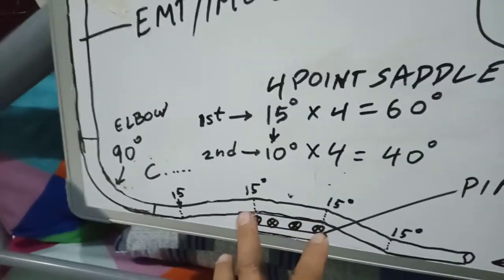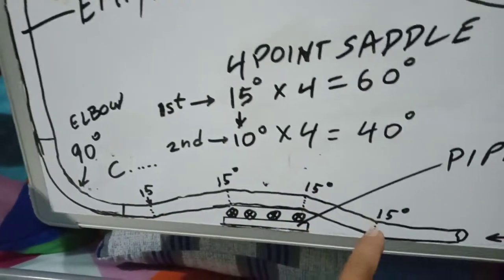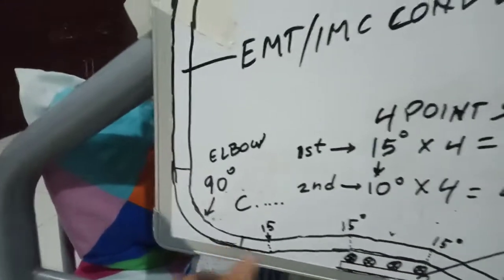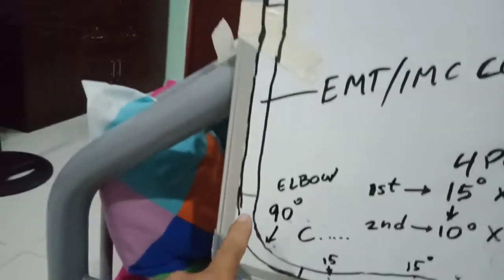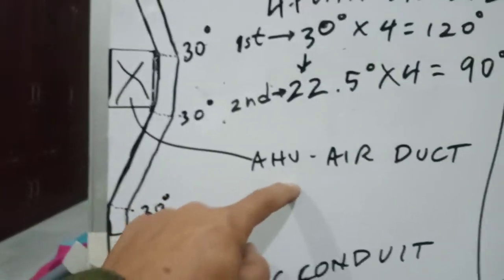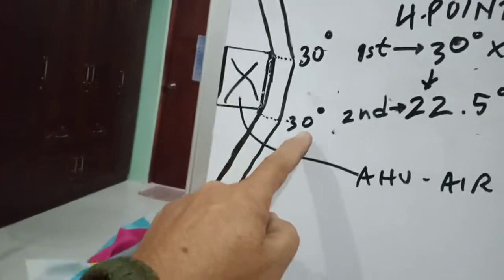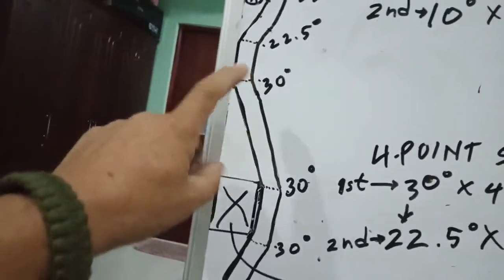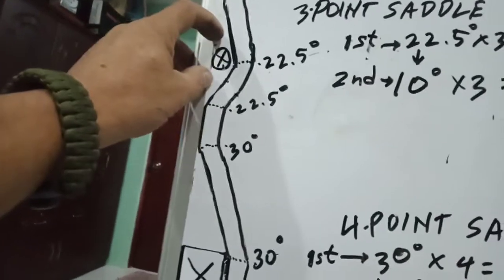This is a 4-bend, or 4-point saddle. We are going to utilize 15 degrees on our first option. Then on the corner, 90 degrees. And then another obstruction because of the air handling unit, air duct. We are going to utilize 30 degrees on our first option. Then another obstruction, piping.